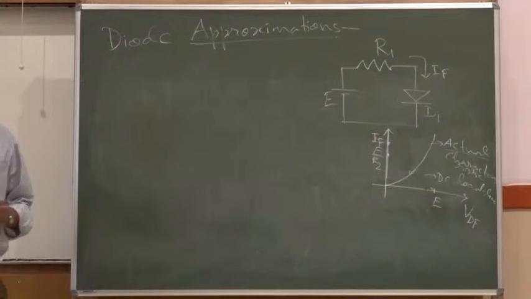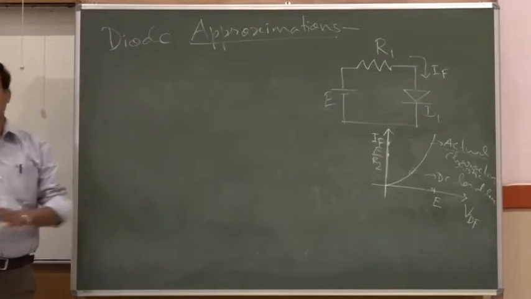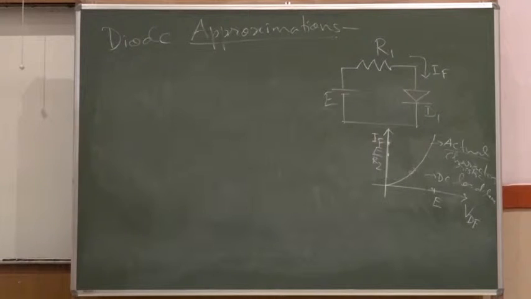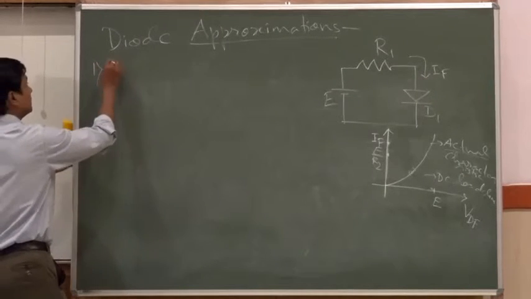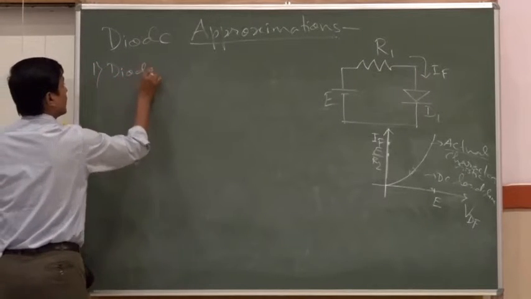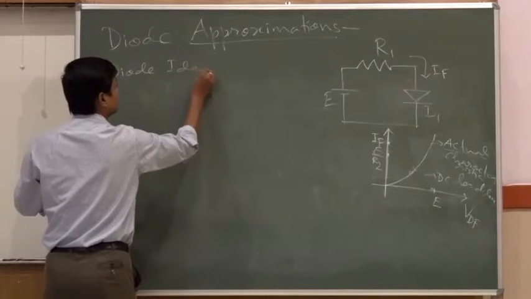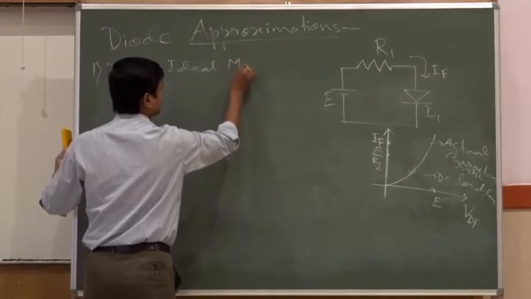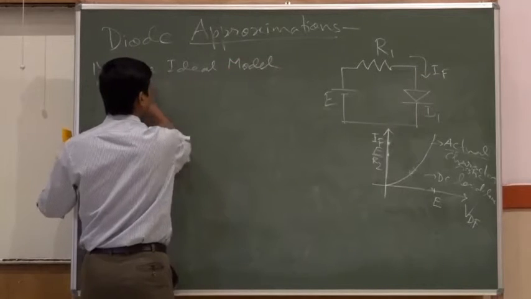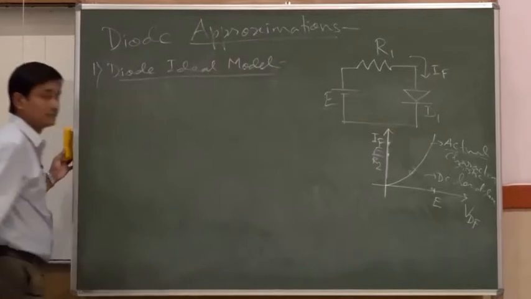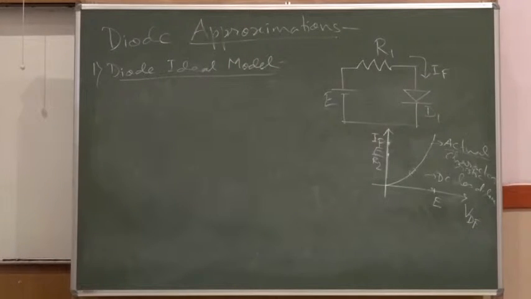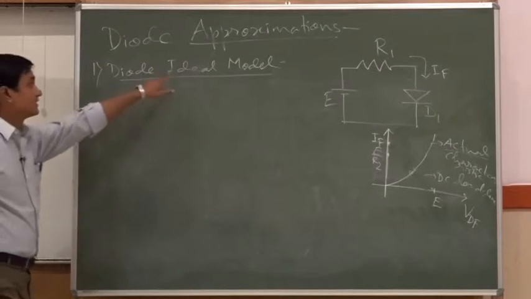Okay. So, let us move to the actual discussion, where we will discuss diode approximate models. The first model I will consider is the diode ideal model. The important part is the word ideal.